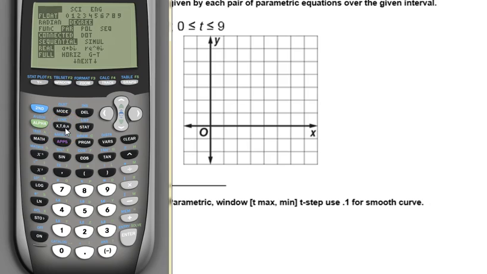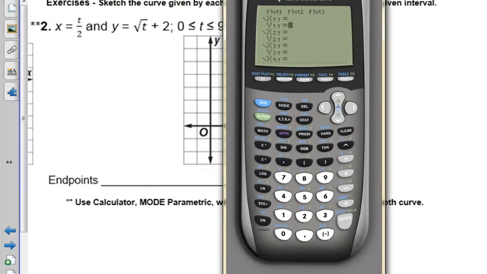Okay? All right, I want you to go to y equals. You're going to see some crazy business here. Y equals is now x in terms of t and y in terms of t. For the question we're doing right now, we're supposed to put a rule in for x that says t divided by 2.